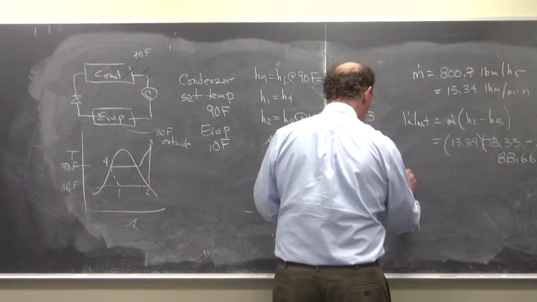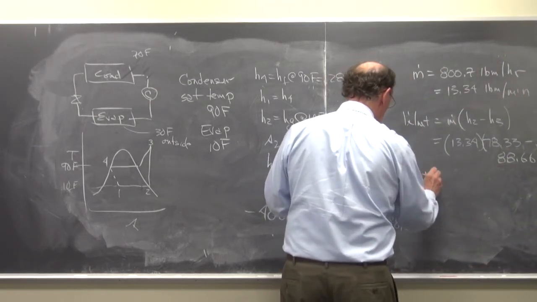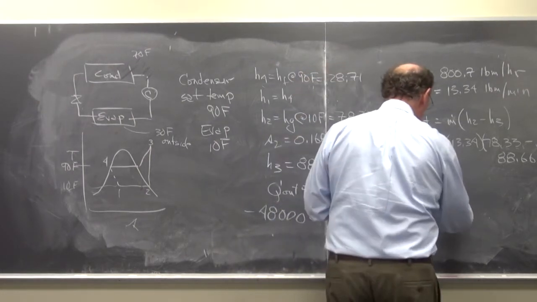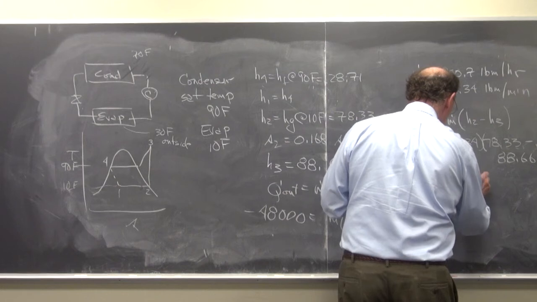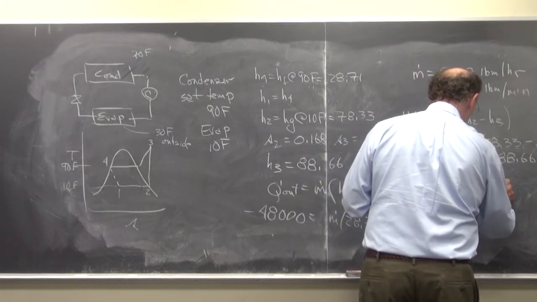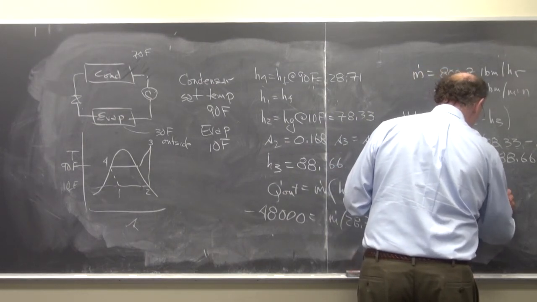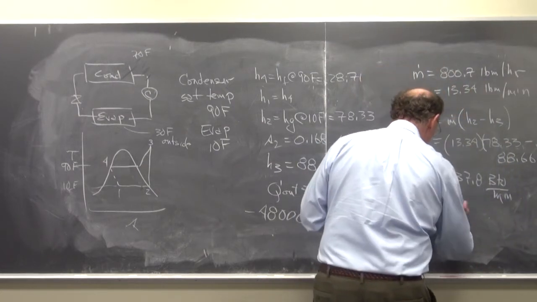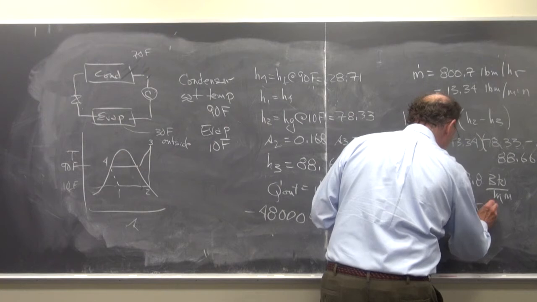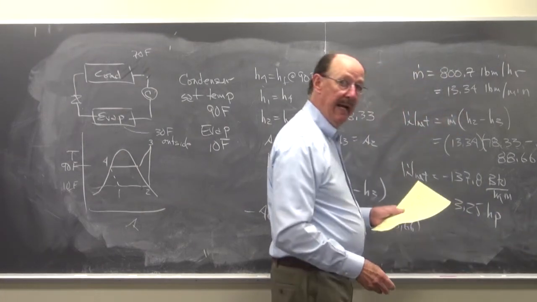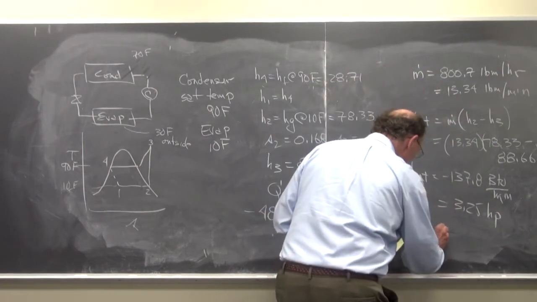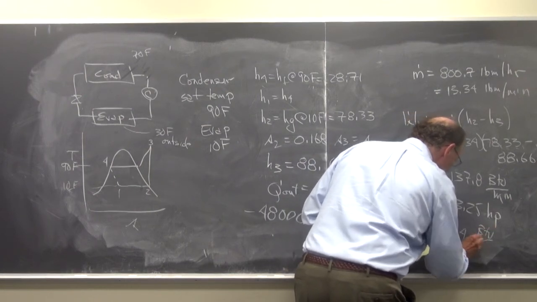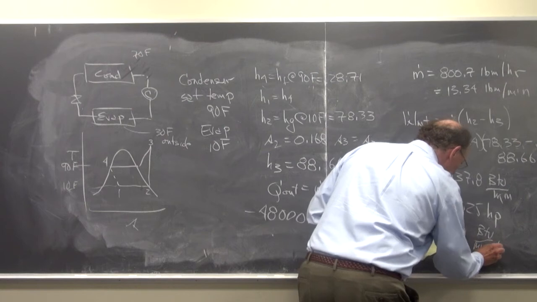I have that the power is equal to minus 137.8 BTUs per minute. And that's equal to 3.25 horsepower, and there are 42.4 BTUs per minute per horsepower.